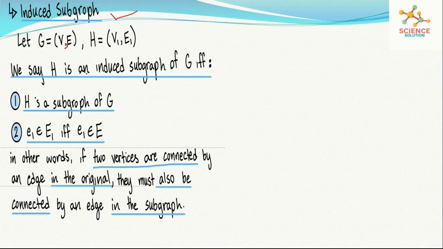We say H is an induced subgraph of G if and only if the first condition is H is a subgraph of G. The second condition is an edge e1 is contained in the set of edges E1 if and only if e1 is also contained in E. In other words, if two vertices are connected by an edge in the original, they must also be connected by an edge in the subgraph.